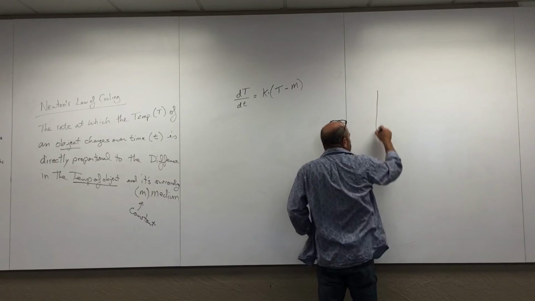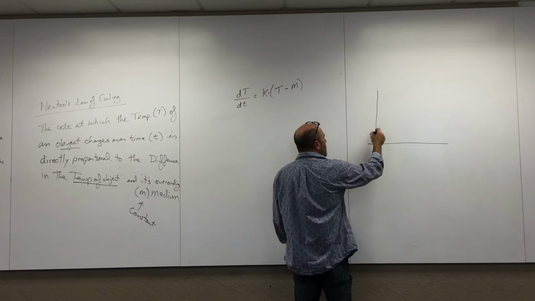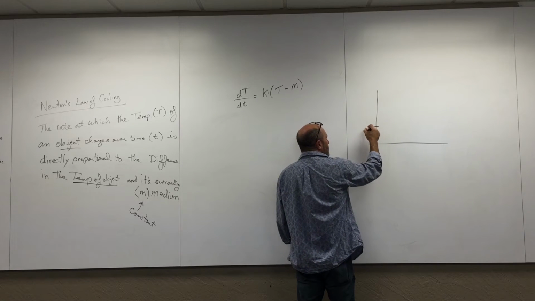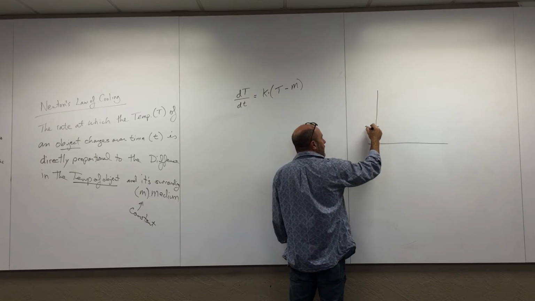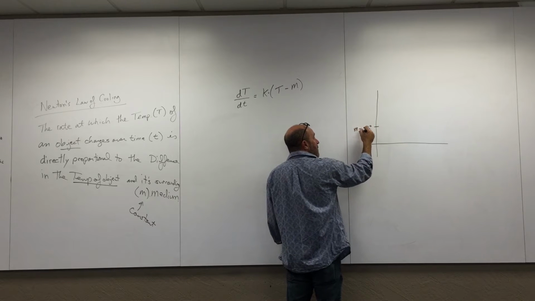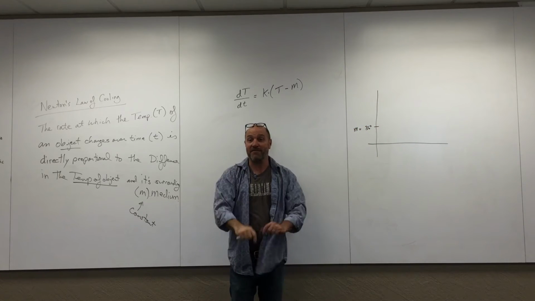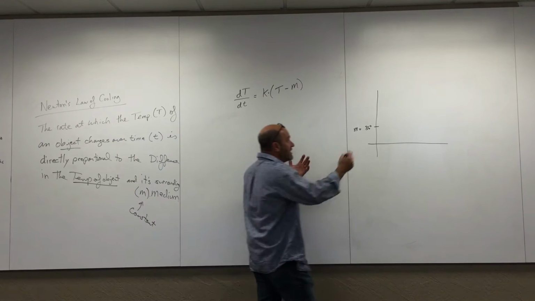Here's what this says. Let's say my refrigerator is 36 degrees. That's my refrigerator. And I think that's M. I'm going to call that, my refrigerator is my environment. And I find this old hot bottle of water that's 80 degrees.